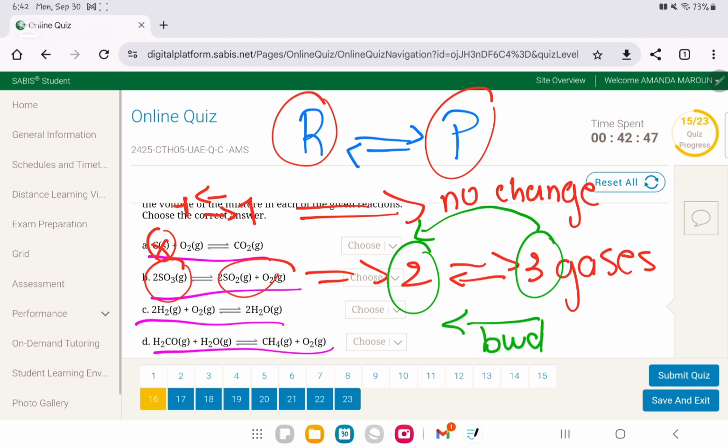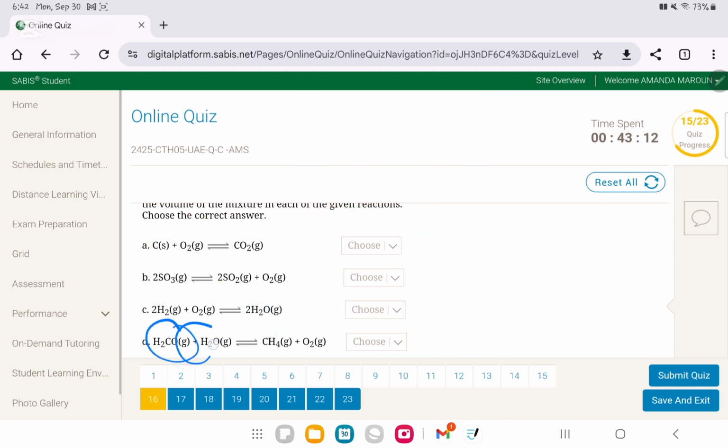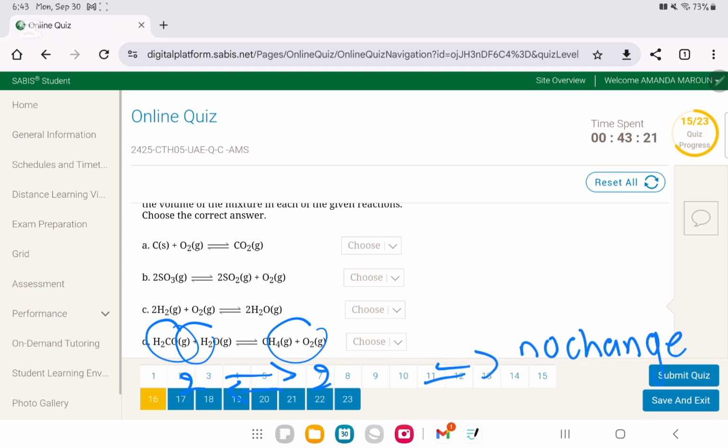So it will shift backward. Now, here we have 3 gases and here we have 2 gases. Definitely the 3 gases will give pressure to the 2 gases, so we're moving from the reactants to the products. If we're moving from the reactants to the products, then it is a forward reaction. Now, finally, for this one, two gases will give us two gases. So there is no change since they are equal.